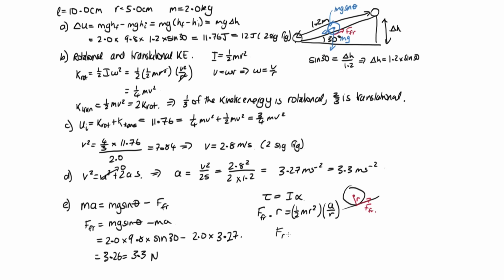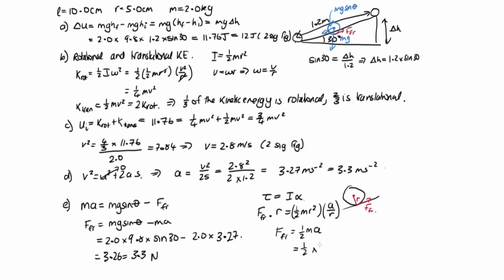So we can rearrange this. We've got our frictional force is equal to a half mr squared, and we've got an r on the bottom here. So we've got two r's on the top and one r down the bottom, so one will cancel out. Actually we've got the m and we've got the a. So the frictional force is equal to a half ma, which allows us to calculate it now.